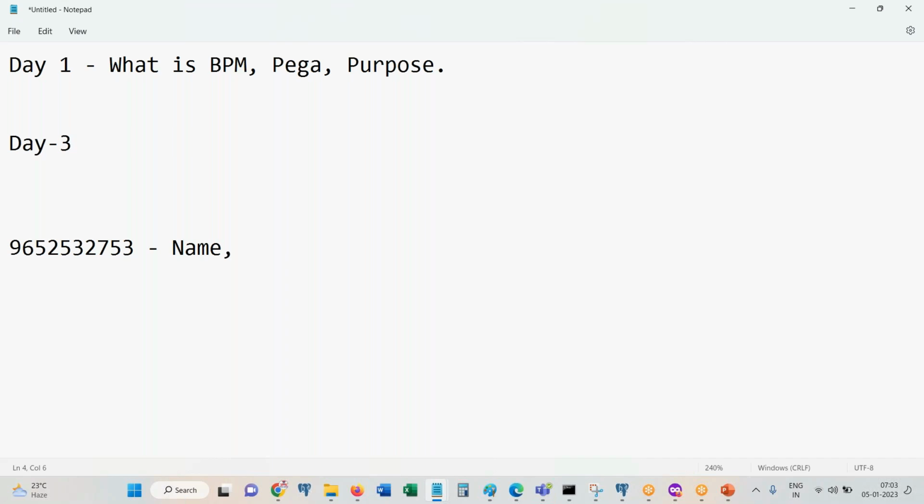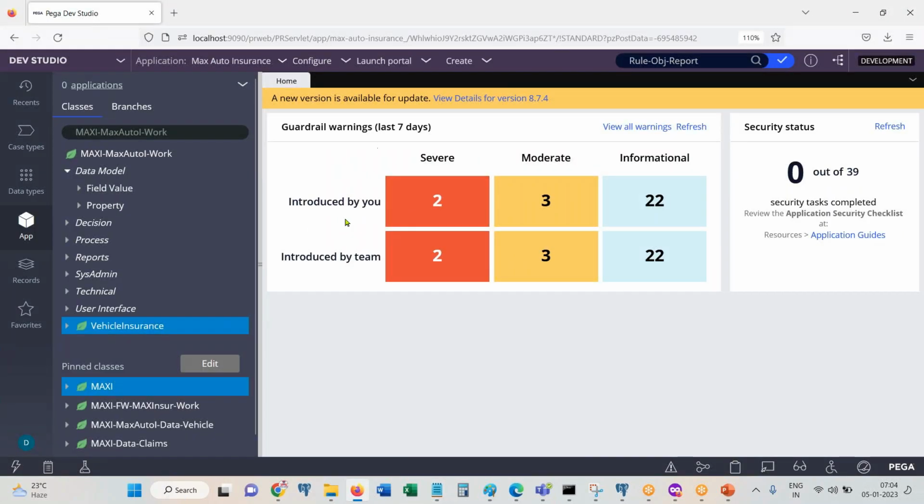It is already there. You should know the name of the component and what parameters to be passed. Based on the business requirement, you need to get an idea: I have to use this predefined, ready-made component. That is what learning means. You are going to understand the entire tool provided by PEGA Systems.